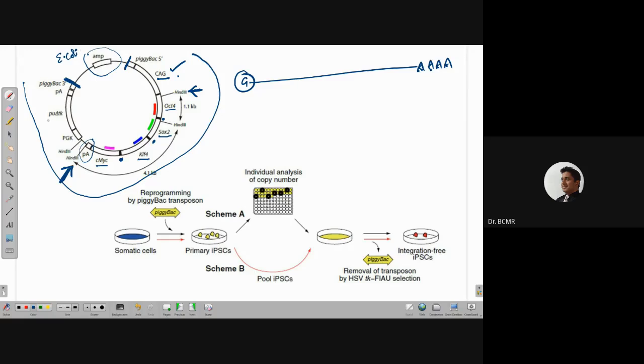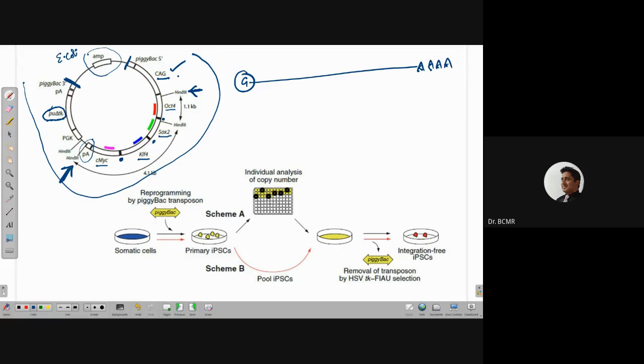I hope you remember delta TK, thymidine kinase, and this is for puromycin resistance. We have read about its use in the construction of transgenic animals, positive selection and negative selection.